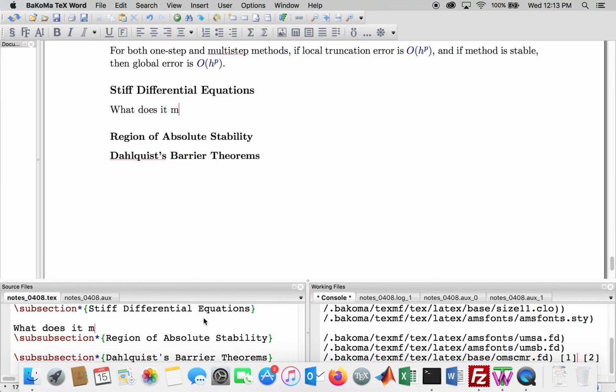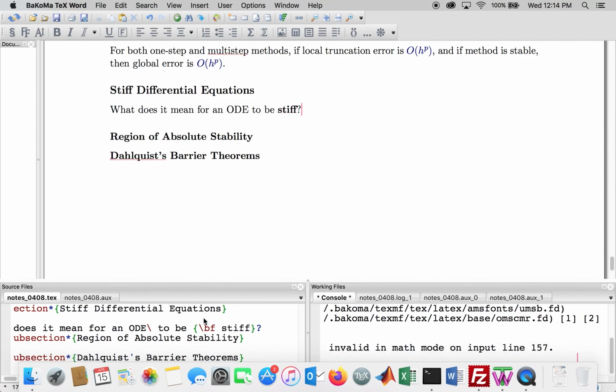What does it mean for an ODE, or a system of ODEs, to be stiff? There are different definitions that are all equivalent in some sense. There's no formal definition per se, but it's basically a more qualitative property of the solution of a differential equation.